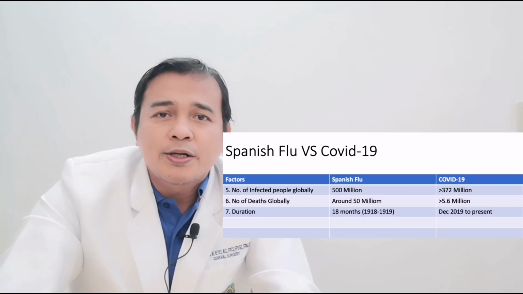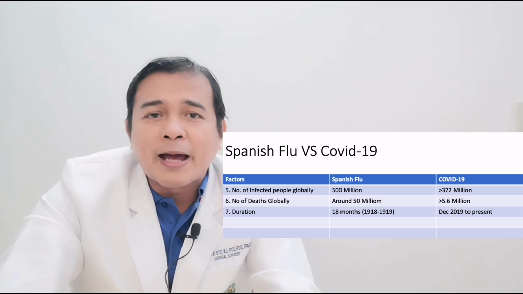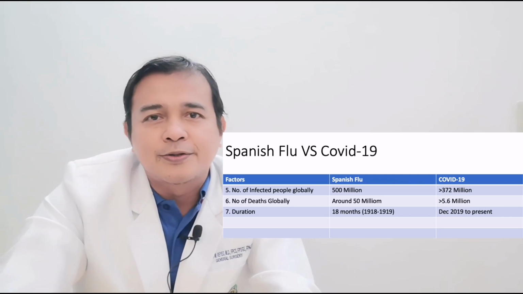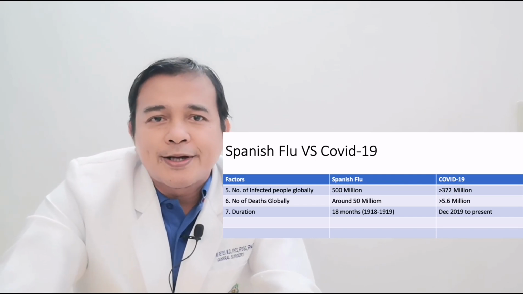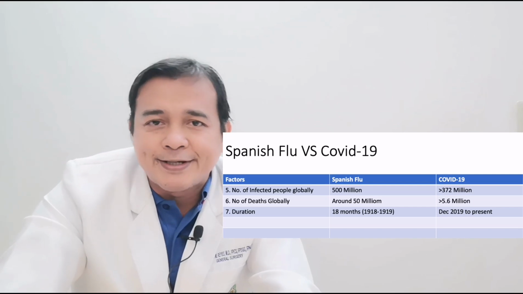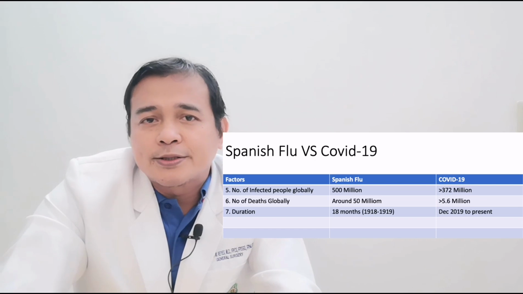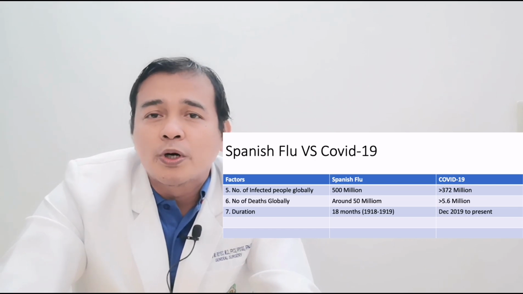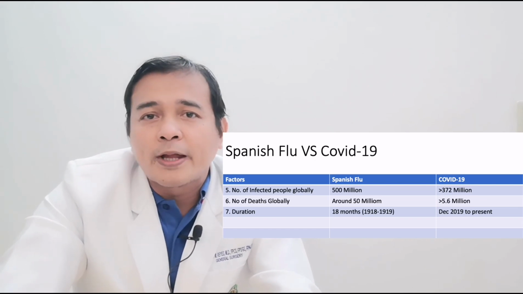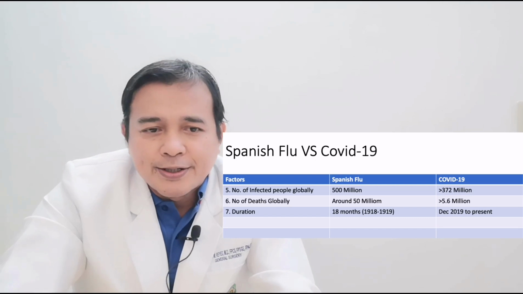For the number of infected people, for the Spanish flu, it's around 500 million globally, and for COVID-19, it is more than 372 million people and counting.